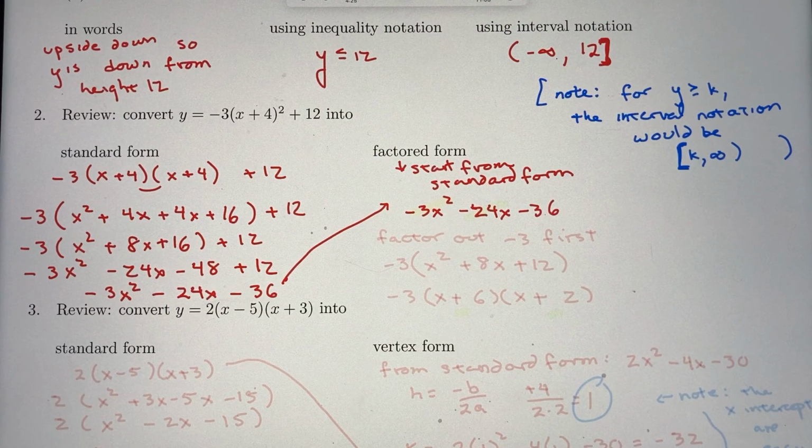Factor out the -3 first. When you factor out a common factor, you only use 1 parentheses. So don't try and set up 2 parentheses yet. So the first question is -3 times what to give me the first term? x squared. Then -3 times what to give me the second term?